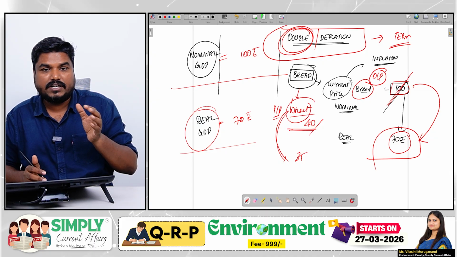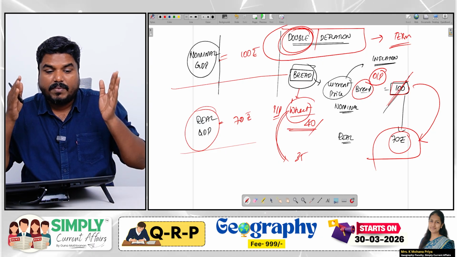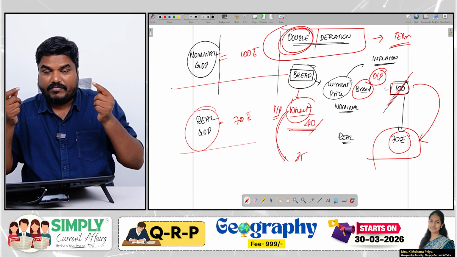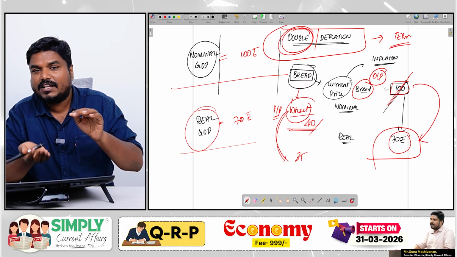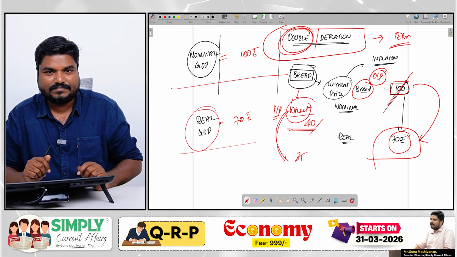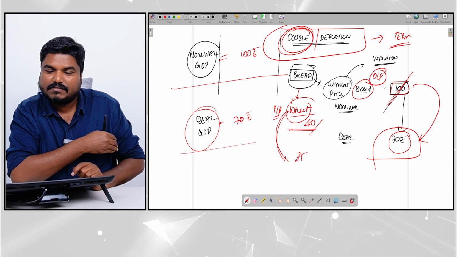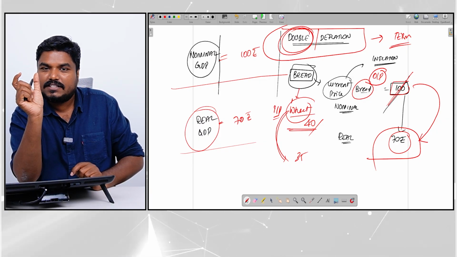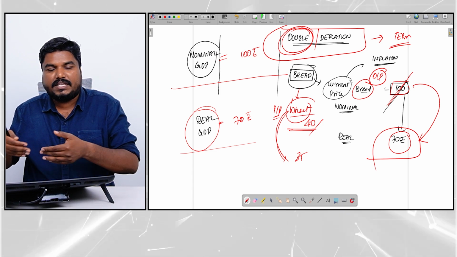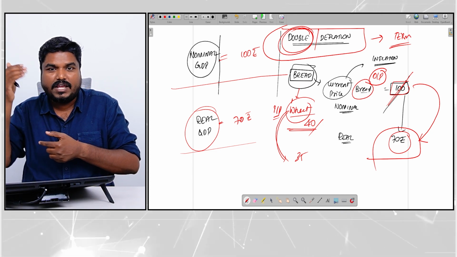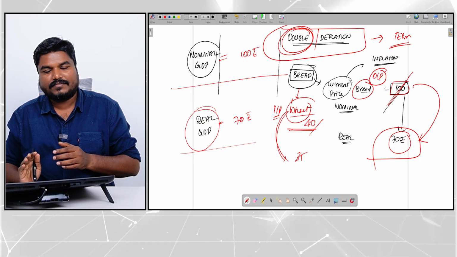What you have to know in double deflation is that nominal GDP is measured at current prices, which generally include the influence of inflation. I want to remove that inflation part, so I will adjust the GDP for inflation and I will get real GDP. Real GDP is nominal GDP adjusted for inflation.